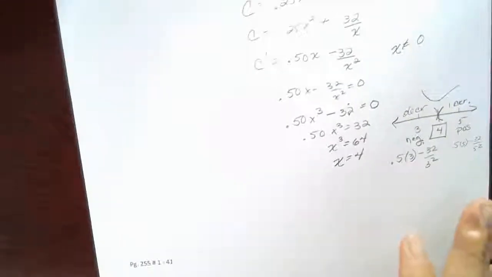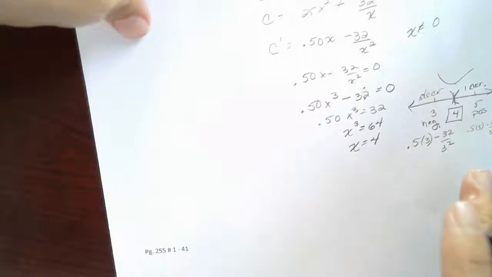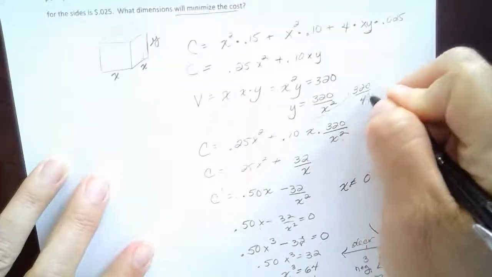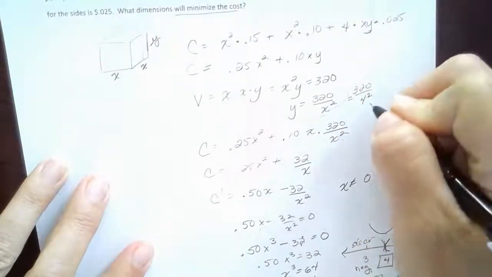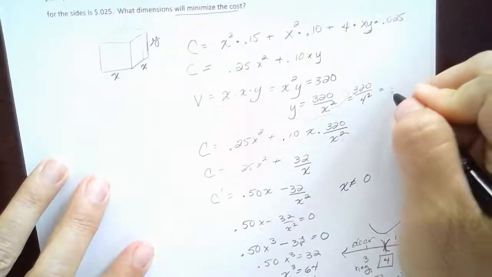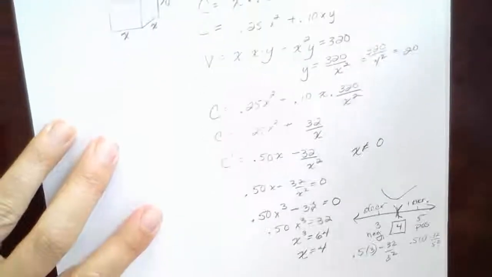So far then, we knew that our base is going to be a 4 foot by 4 foot base. We need to figure in and use 320 divided by 4 squared, which is 16. 16 is going to go into 320 20 times. So a 4 by 4 by 20.